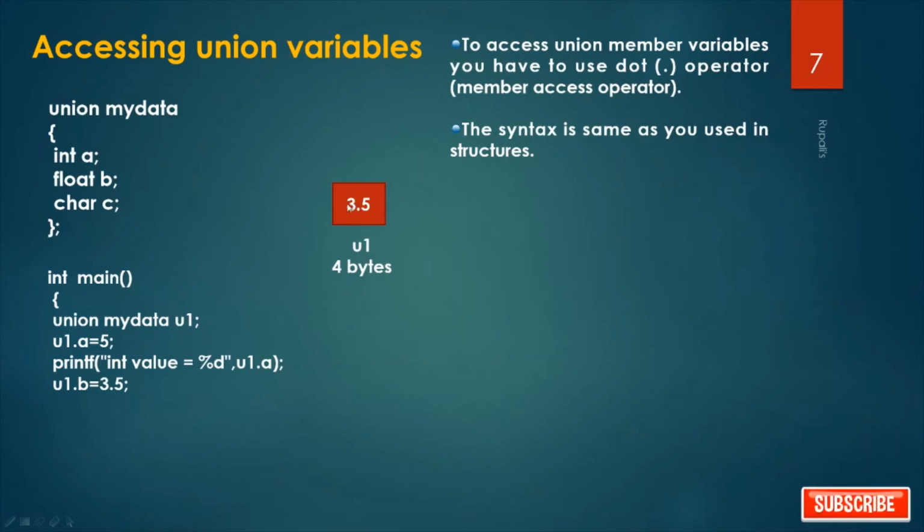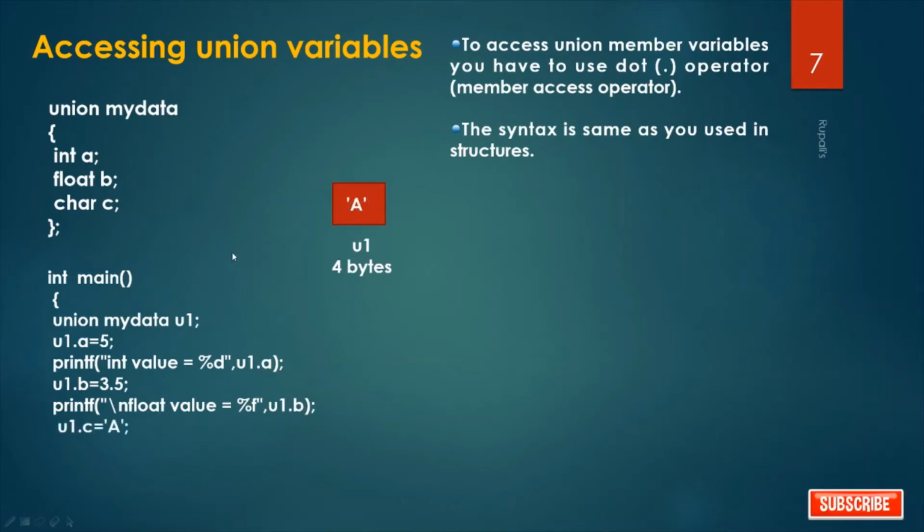So the same location is shared among all the variables of the union. In place of 5, 5 will be erased and 3.5 will be stored here. Then when I print the float value E1 dot b, it will print 3.5.